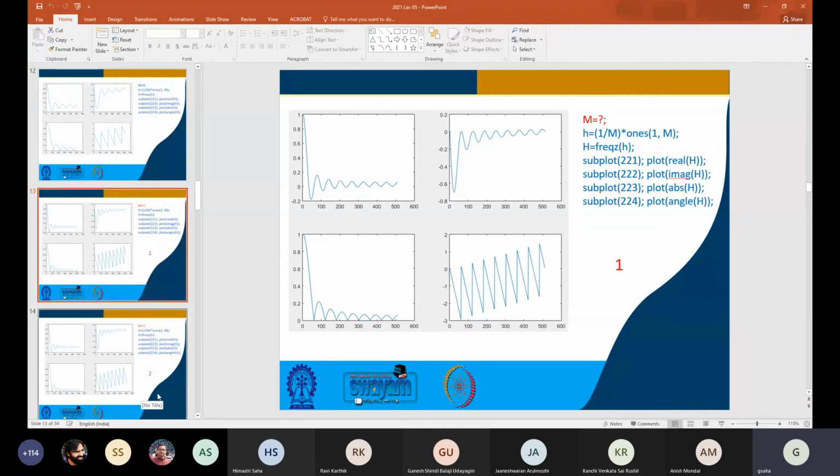Up to this, whatever is there, I shall upload in the class folder, and you can play with these. See, these are very simple codes. And see what is happening to the magnitude and phase response. So with frequency response, we try to understand the DTFT frequency response. Thank you.